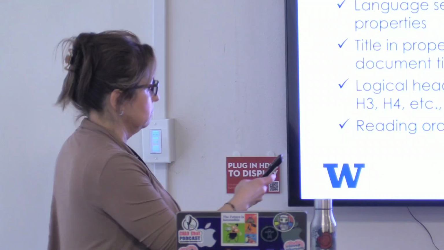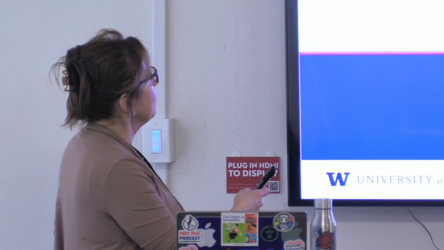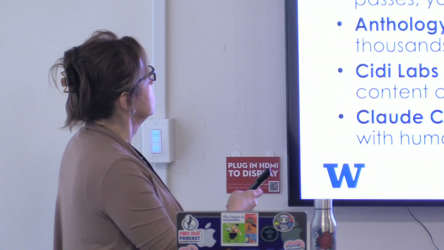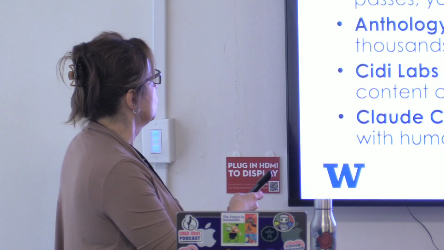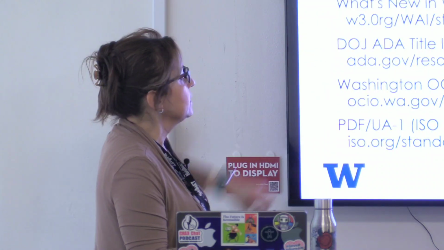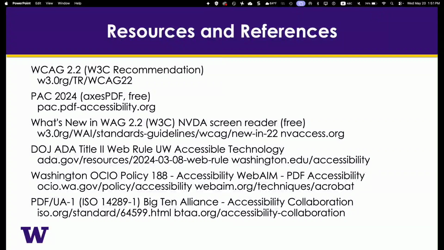Okay, so we went through that. Is it going back? Why is it going backwards now? It switched on me. Sorry. Okay, all right. So here are some sources, resources, and references that you can access.